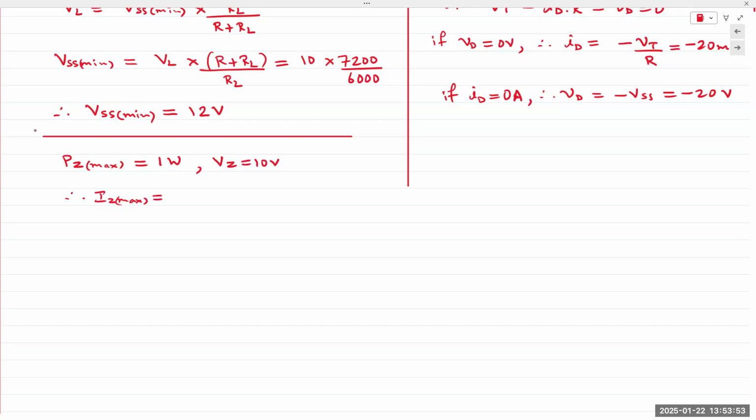Thermal power dissipation. And so IZ max is 0.1 amp or 100 milliamps, which is a huge number.